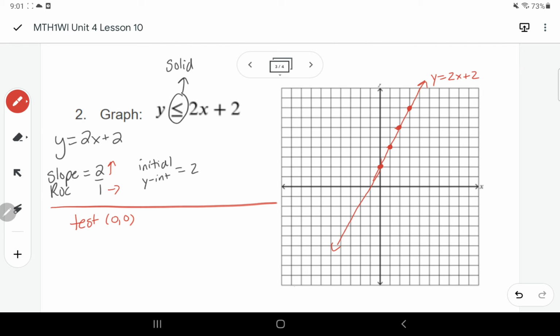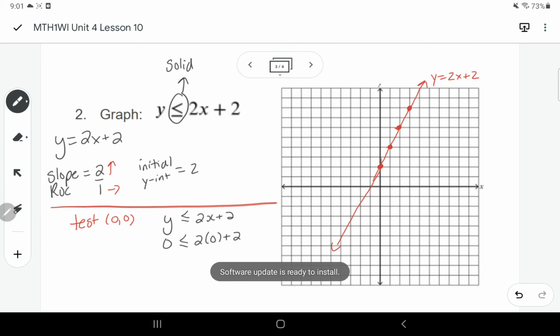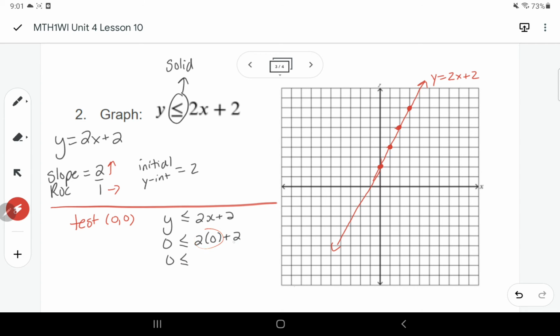I'm going to test the point 0, 0 again. So here, y is less than or equal to 2x plus 2. So 0 is less than or equal to 2 times 0 plus 2. Now solving this, 2 times 0 is 0, plus 2.